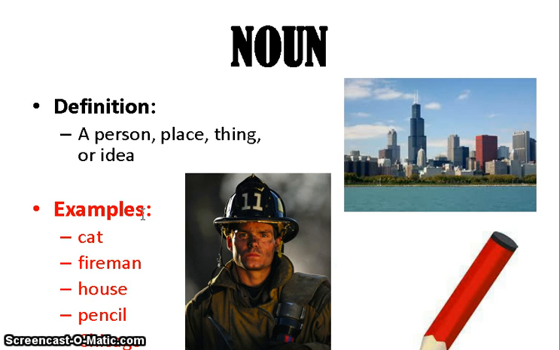This position is called the subject position. For example, the cat ate the mouse. So the cat is a noun, and we placed it at the beginning of the sentence. Here it tells what or who is doing the action of the verb.